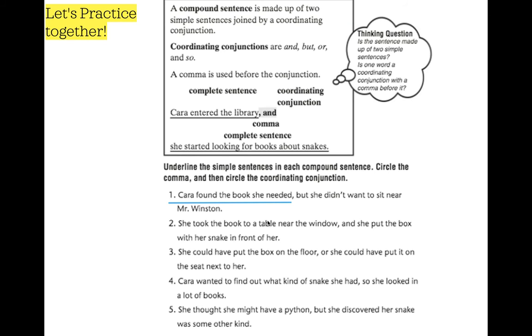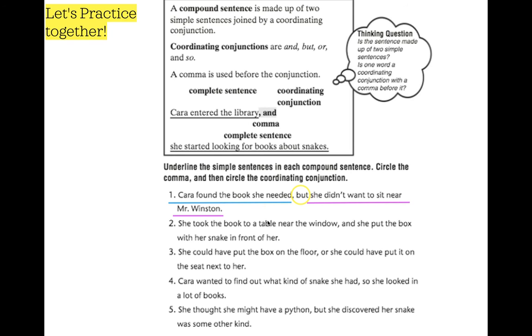Kara found the book she needed is the first one. There's my comma and my conjunction, but. In my other simple sentence, she didn't want to sit near Mr. Winston.